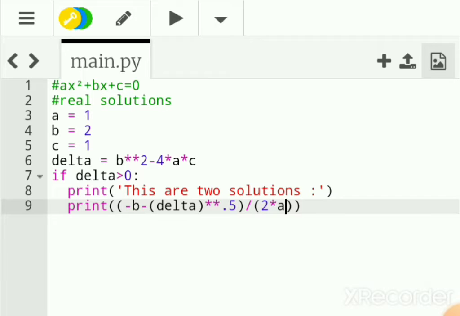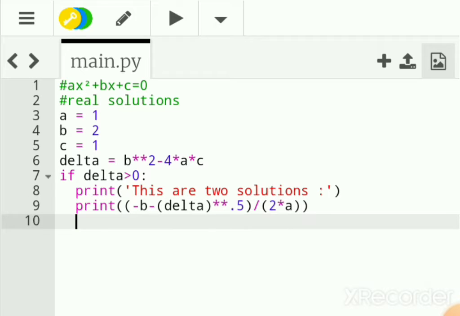So this is the first result. The second print is almost the same, but the second one is plus the square root of delta, and we will divide it by 2 times a, just as the first.